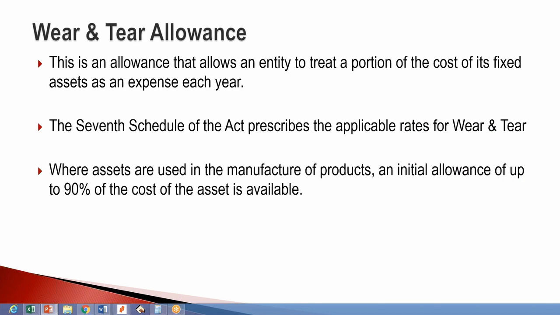We have something called wear and tear. This is an allowance that allows entities to treat a portion of the cost of fixed assets as an expense. I repeat what that is: this is where you have a portion of the expense for fixed assets. So I am in business. I buy a computer. I spend $7,000 or $8,000, $9,000 on buying a computer.